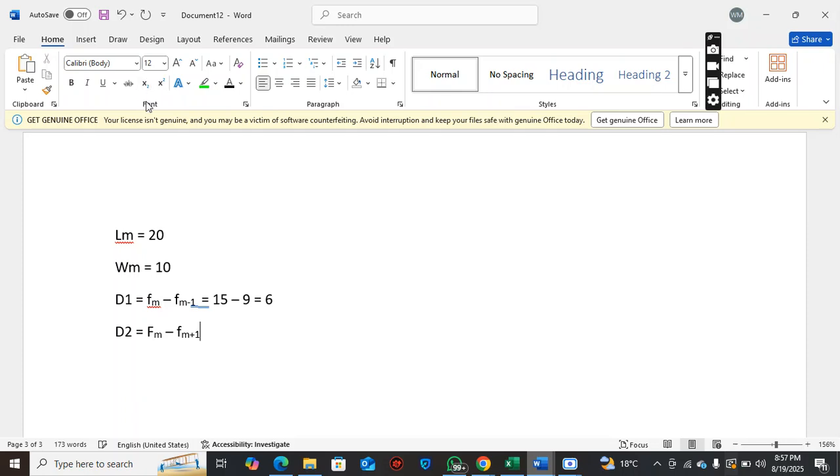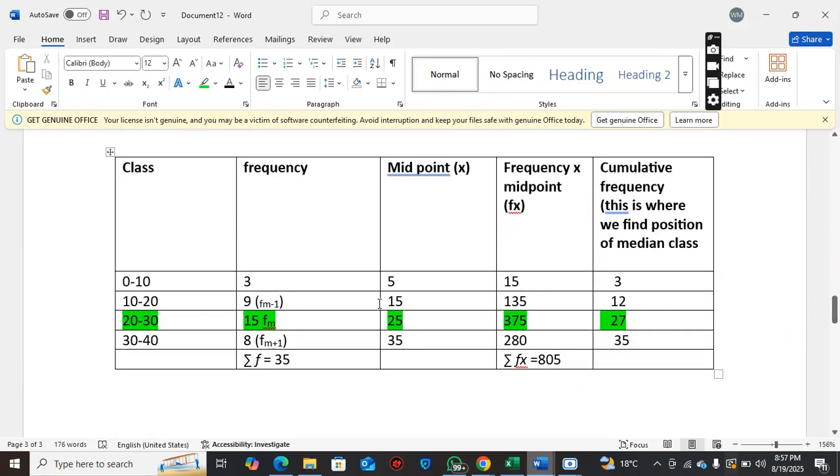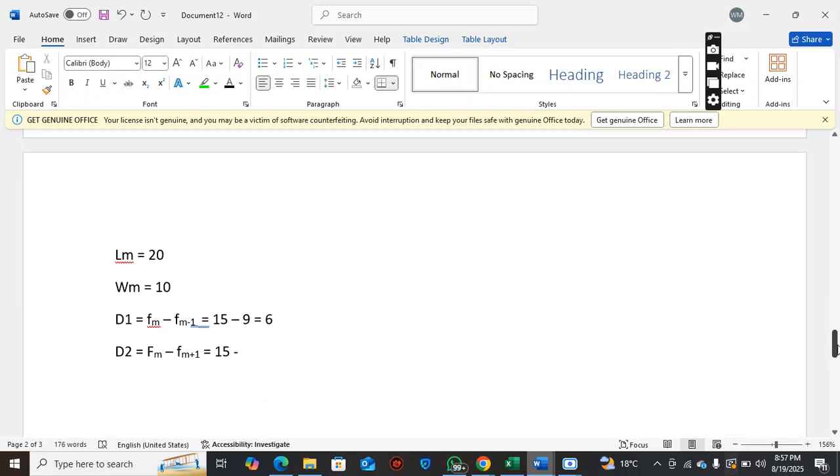So this is going to be 15 minus 8, the frequency of the class after the modal class. 15 minus 8 should be 7.